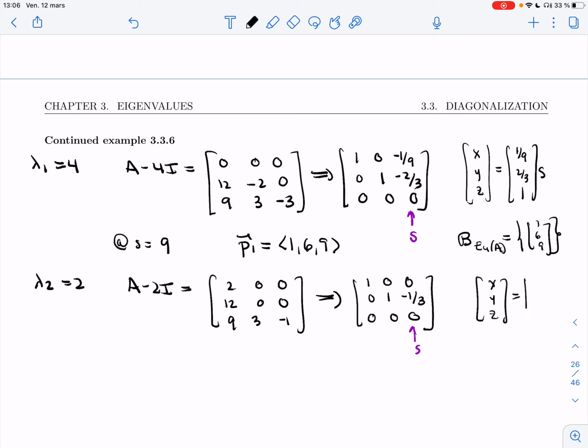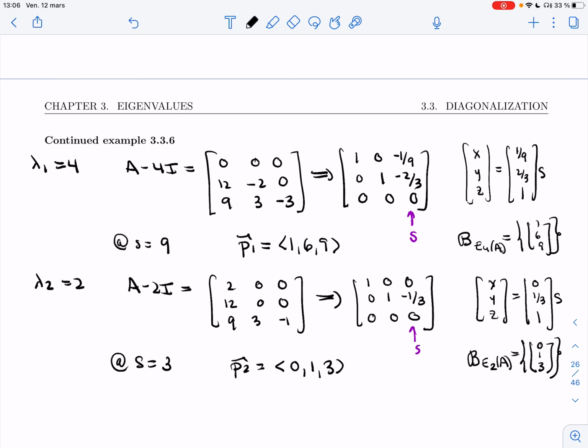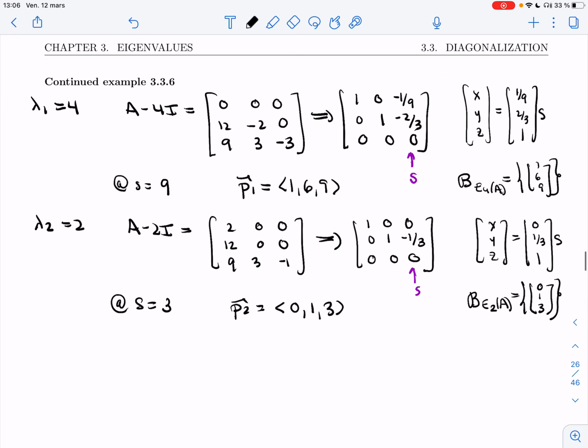First equation gives me that x is 0. Second, it's 1/3 of s, and then s. If you like fractions, you could just take s equals 1. I tend to avoid them, so I'll get (0, 1, 3). That's the second eigenvector, and that's going to give me the generator for the eigenspace of lambda equals 2.